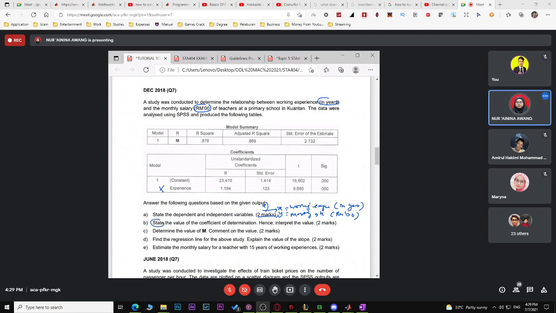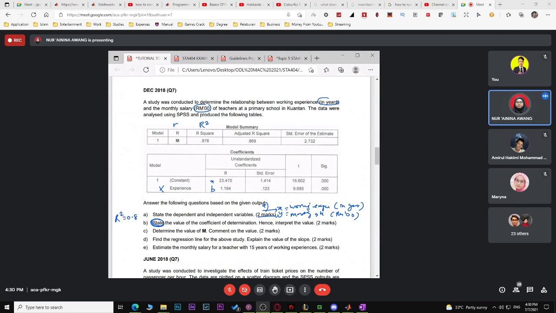So the question asks you to state. So state ni maksudnya you take the value from the output. Okay. So this is your R, this is your R square, capital R square. And then this is your independent variable, this is your A, this is your B. Okay. So since the value is already there, so you just write the value.